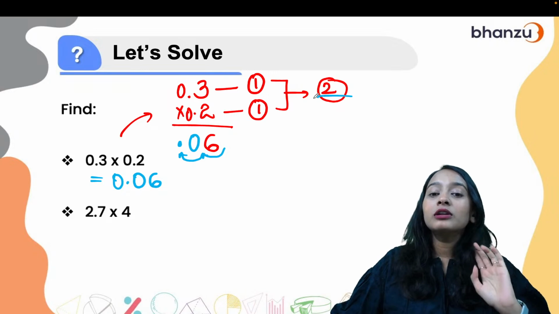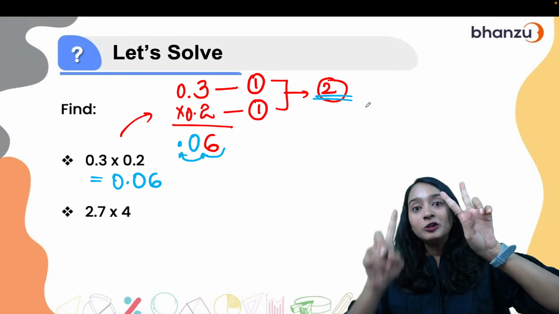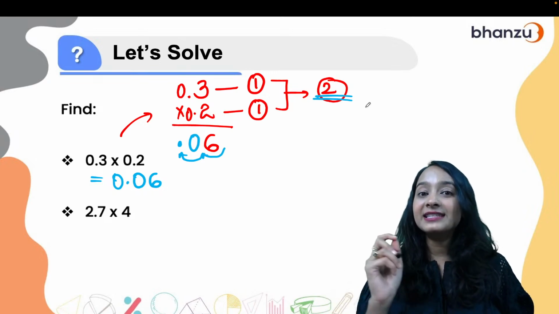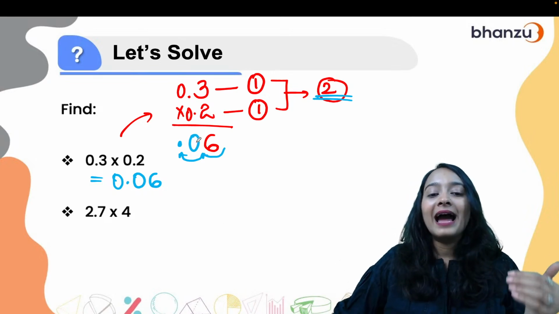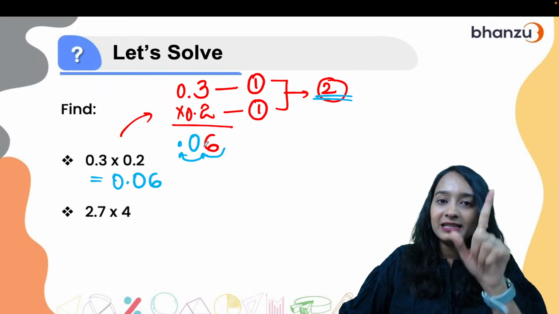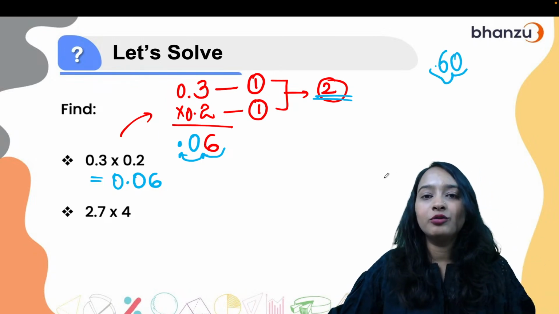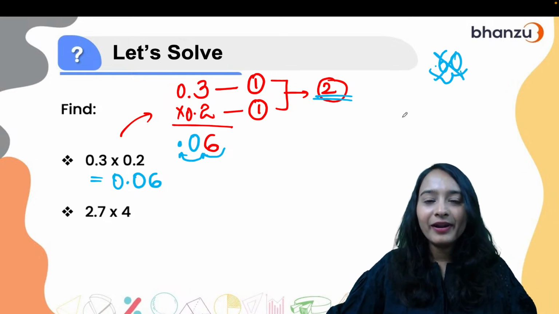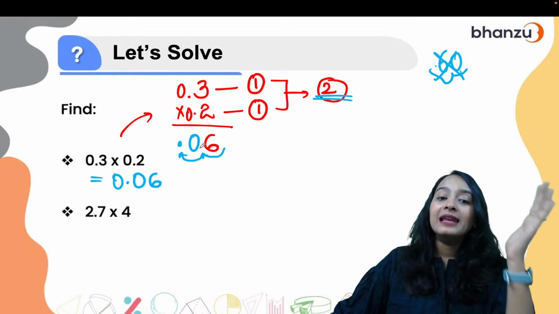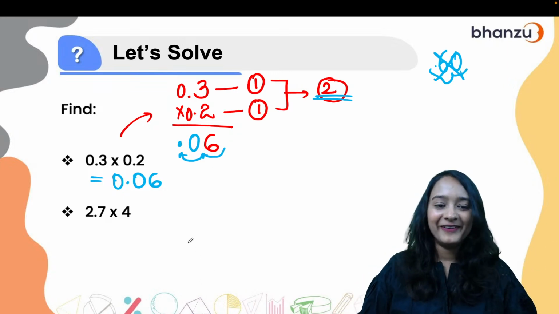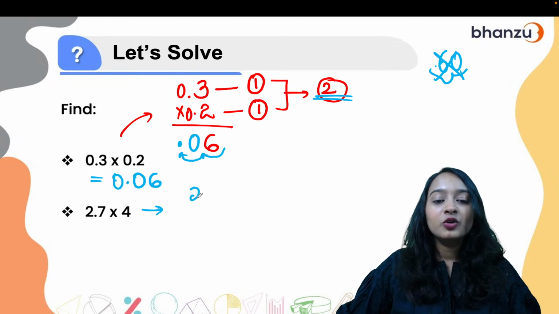You have to leave 2 digits and place your point, but you only have a single digit which is 6. So we add a 0 to the left side. Please remember, not to the right, to the left. You can't put 0 on the right and then leave 2 digits. Wrong. So we add 0 to the left side and then leave 2 digits and place a point.